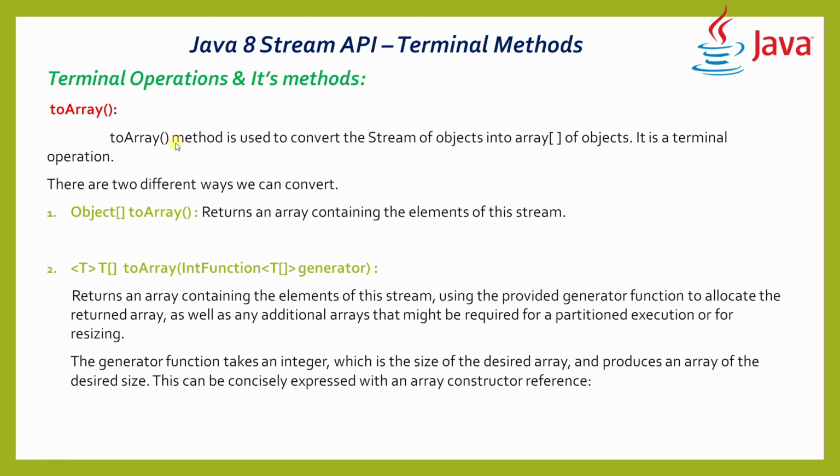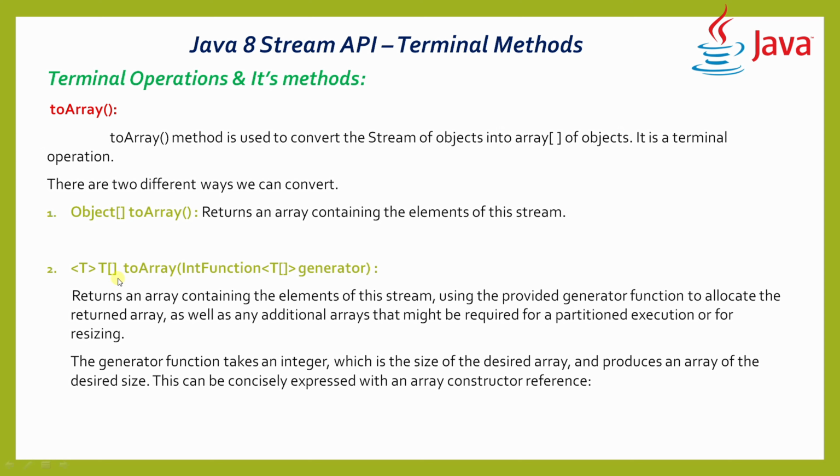For streams there is no such operation as of now, but we can directly use the toArray function to convert the stream into an array object. There are two ways we can convert. One is the Object[] toArray, which returns an array containing the elements of the stream.